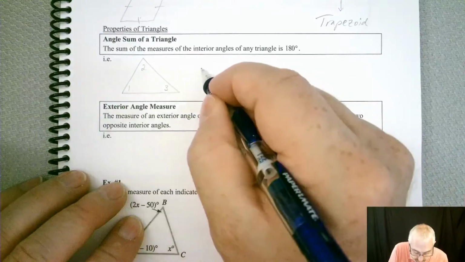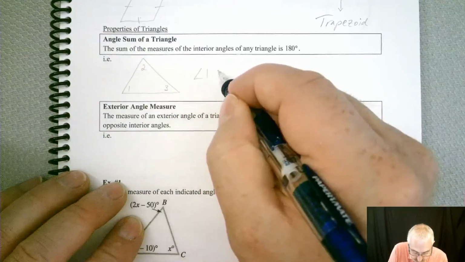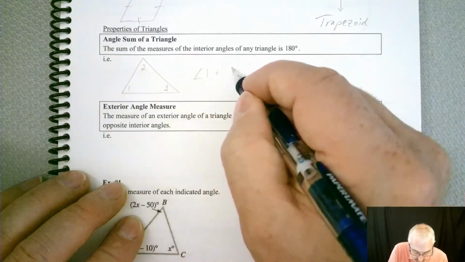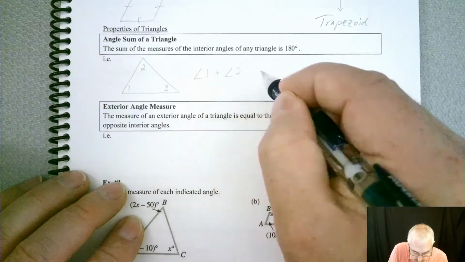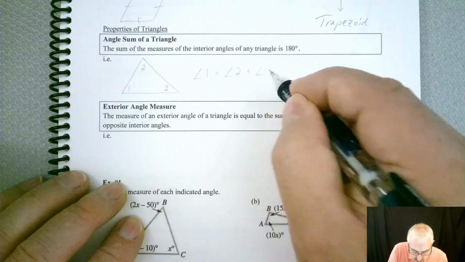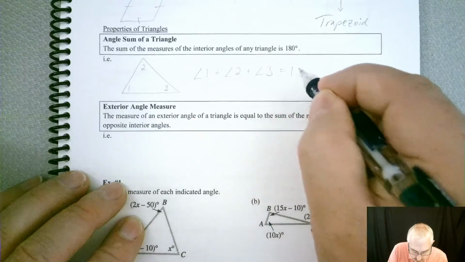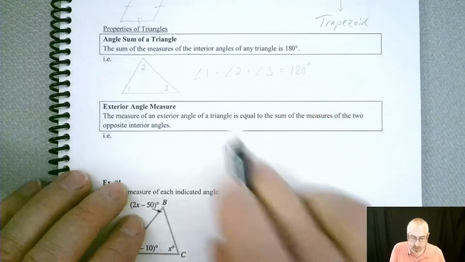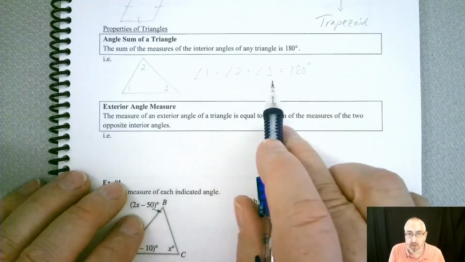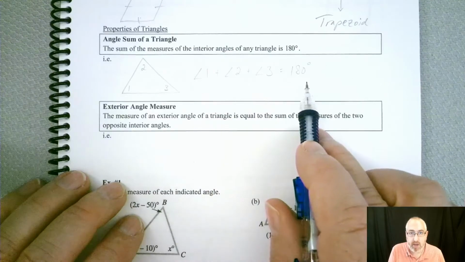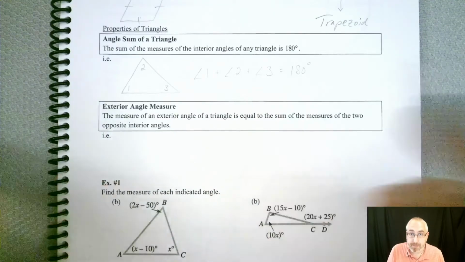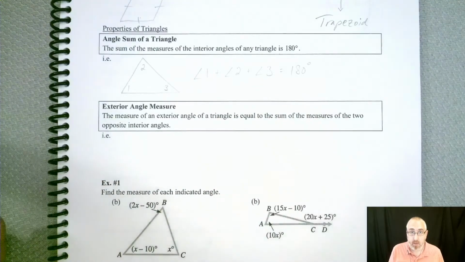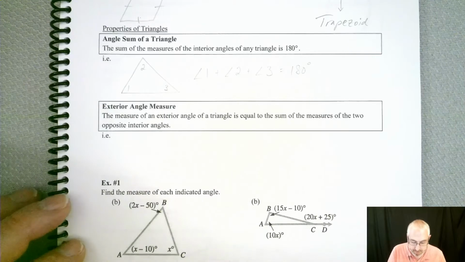So the measures of those angles should equal 180 degrees. So angle 1 plus angle 2 plus angle 3 equals 180 degrees. And that's it. It's a property that we're going to see in some examples as we go, some different applications.